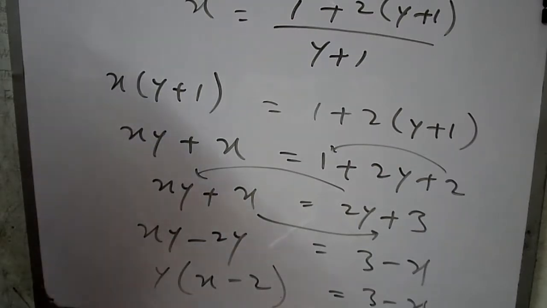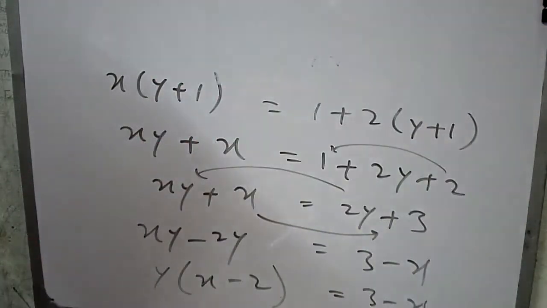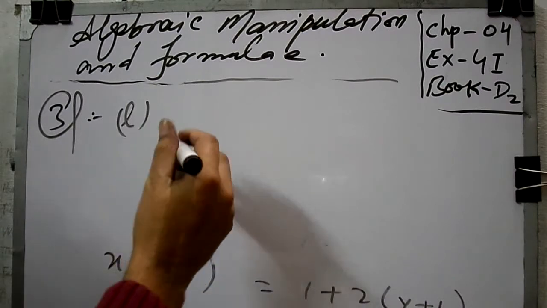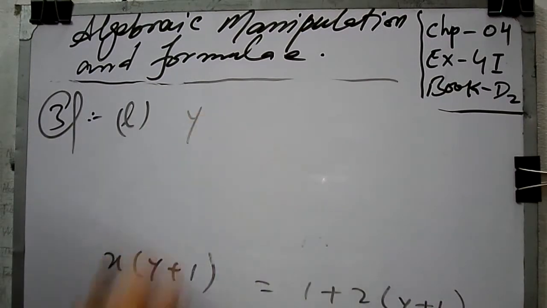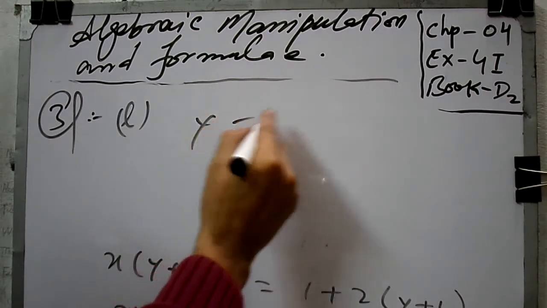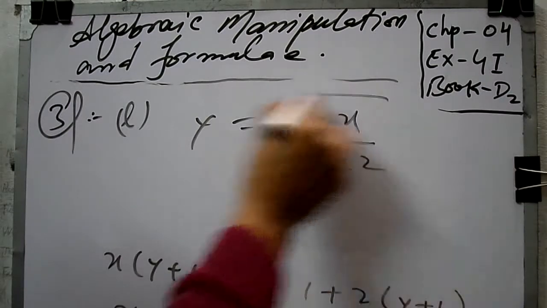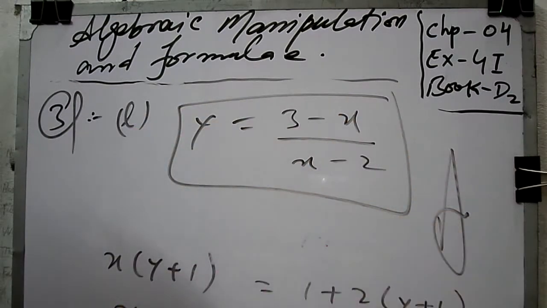So what should you do? Only one step remains. You can see here the value of y is 3 minus x divided by x minus 2. So here is your result.